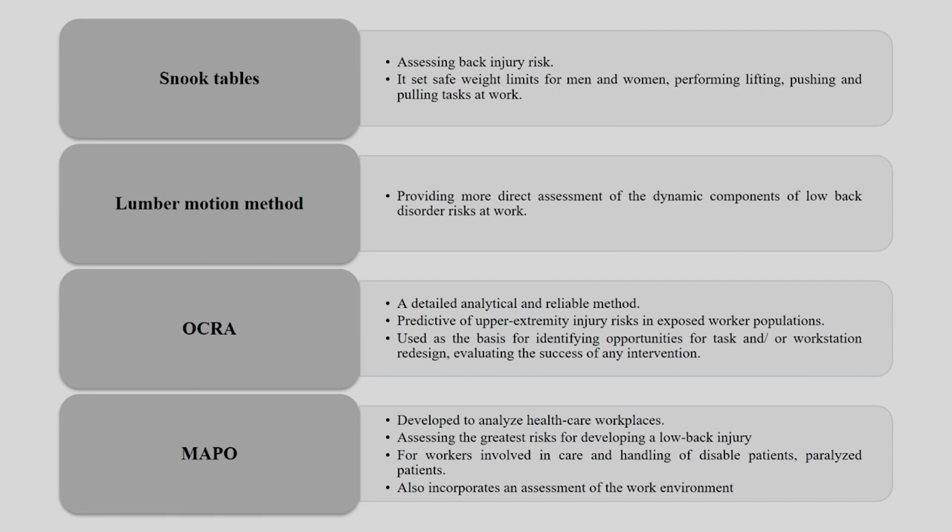Now, you can understand that the Snook table only helps you understand pulling, pushing, lowering and other jobs related to weight lifting. Lumbar motion method helps you understand only the risk associated with the lower back. OKRA helps you understand only the upper extremity, mainly the distal upper extremity.